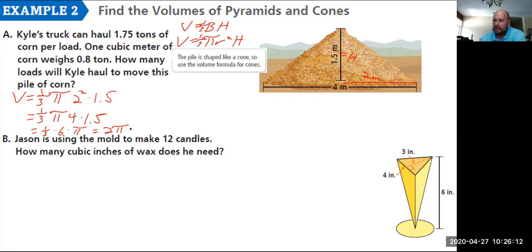So we now have 2 pi. We're going to actually multiply this out because we need to know how much it actually is in volume in order to compare it to what they're having us do in the problem. So 2 times 3.14 gives us 6.28.